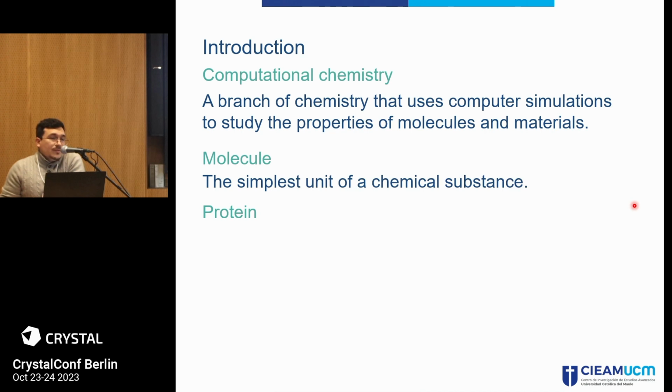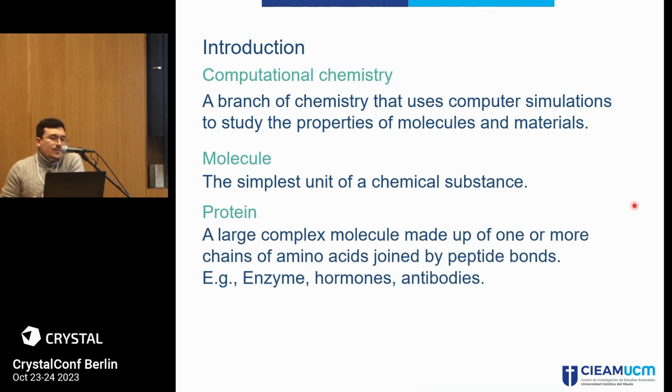And a protein is a molecule also, but it's larger. It's a large complex molecule that is made of one or more chains, and this is composed of amino acids, right? And the amino acids are bound by peptide bonds. Some examples are the enzymes, the hormones, the antibodies.